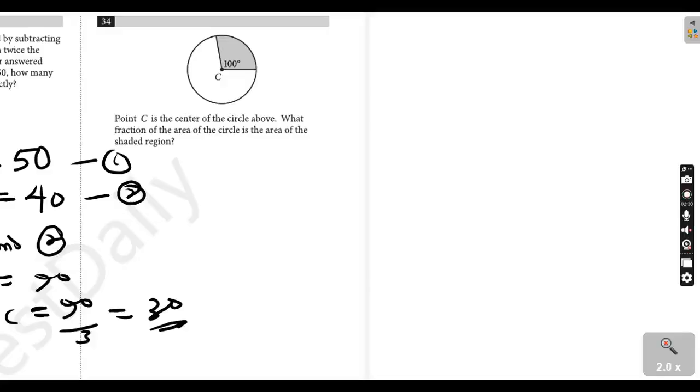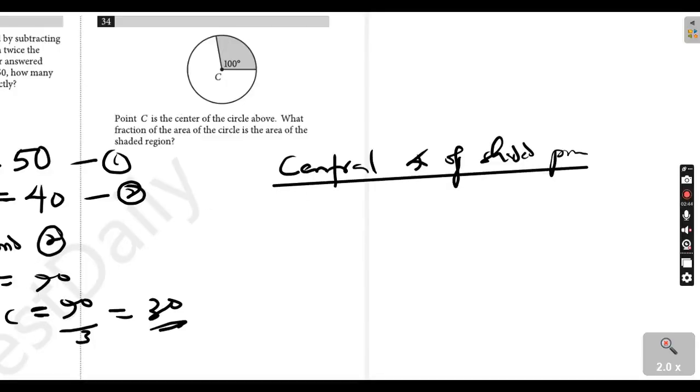So basically, what you are expected to do here is central angle of shaded portion all over total degrees in a circle. Since we are dealing with what fraction of the area of the circle is the area of the shaded portion, it's going to be area of the shaded portion over area of the circle.